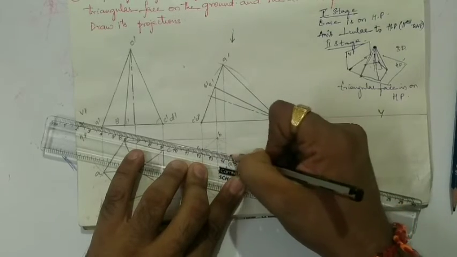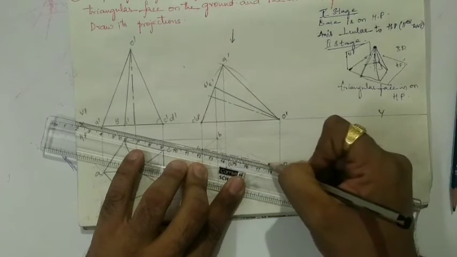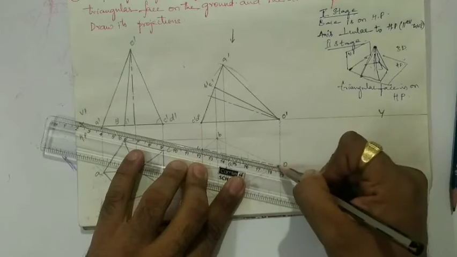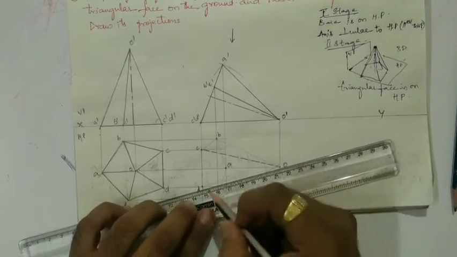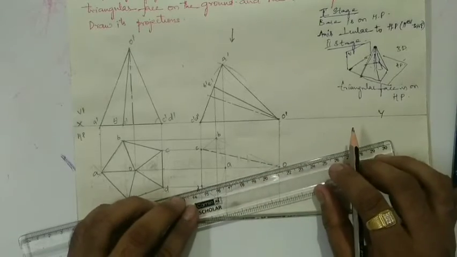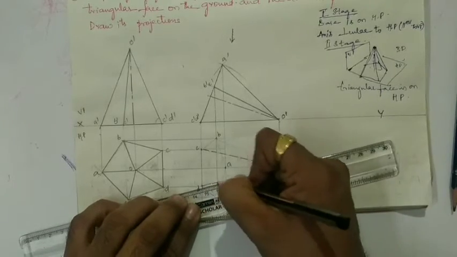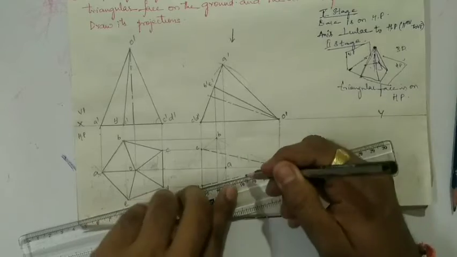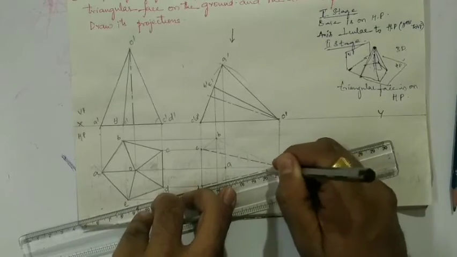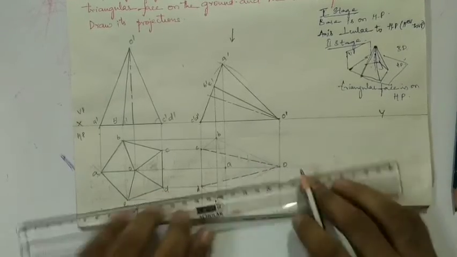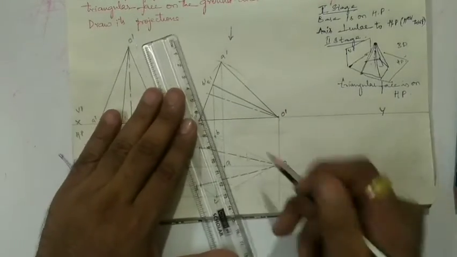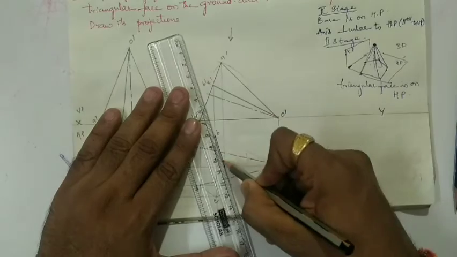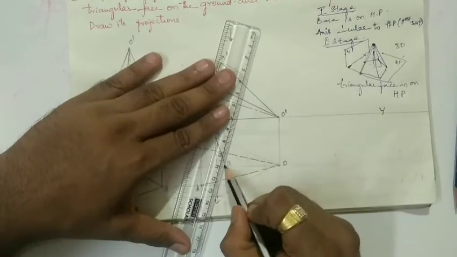So C O D. And the rest of the points, everything will be in dark. So right now, first darken this base portion, which is the visible part.